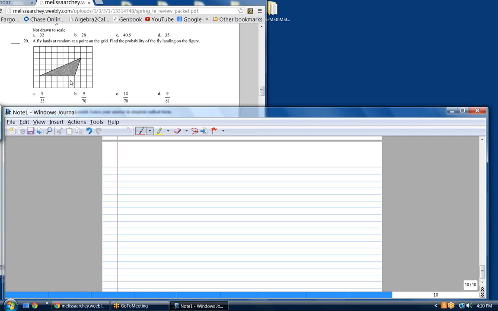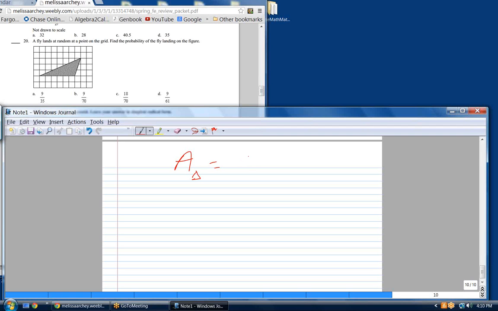Well, what's the area of the triangle? It's got a base of 1, 2, 3, 4, 5, 6, and a height of 3. So the area of the triangle is what? The area of the triangle is 1/2 base times height. Its base is 6, its height is 3.